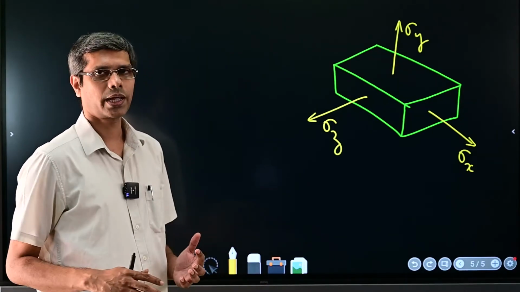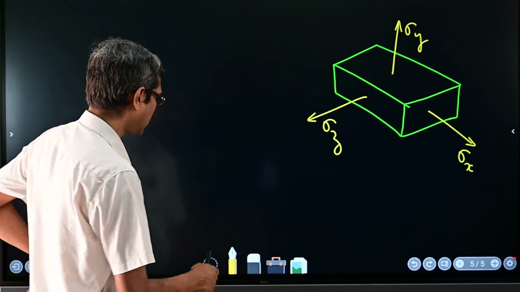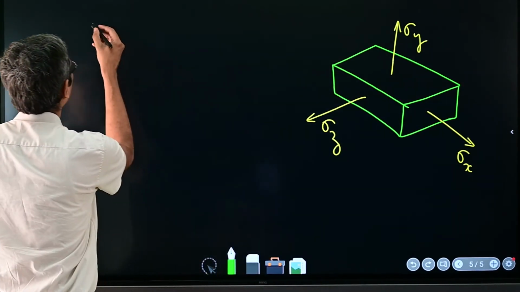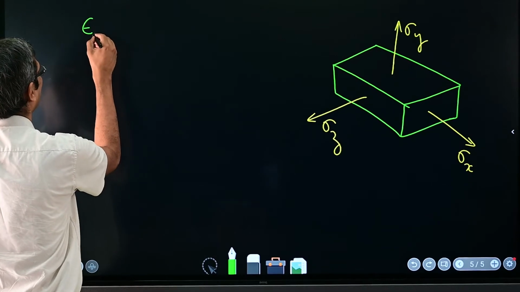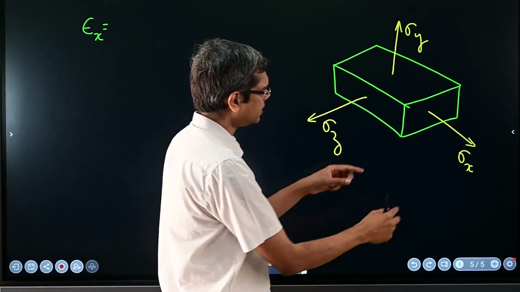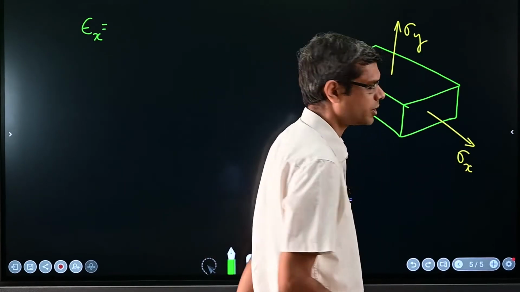Now let's try to write the strains in all three directions. What will epsilon x be? First see the contribution from sigma x.